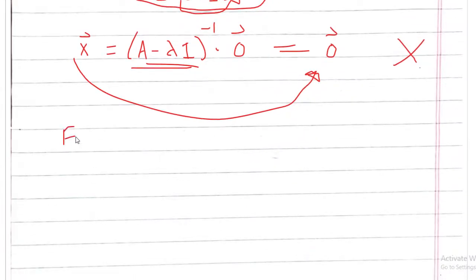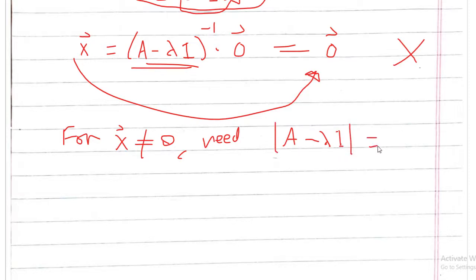So for x not equal to 0, for non-zero solutions, we need A minus lambda I to be non-invertible. What does it mean? That the determinant of this should be equal to 0.